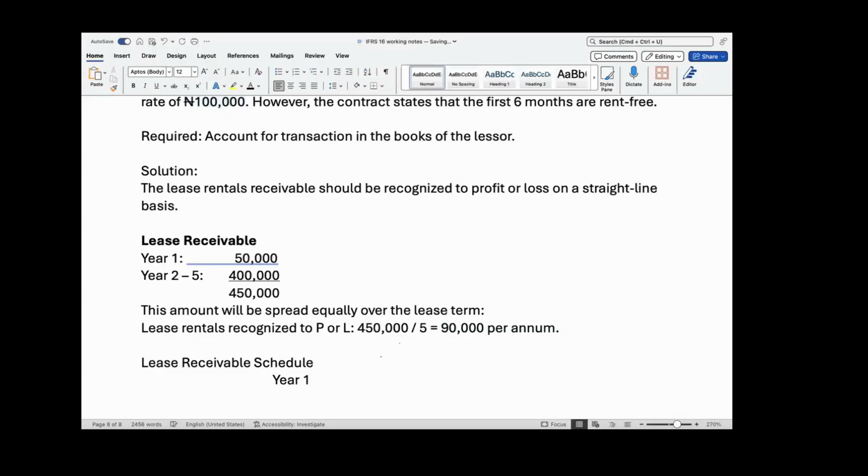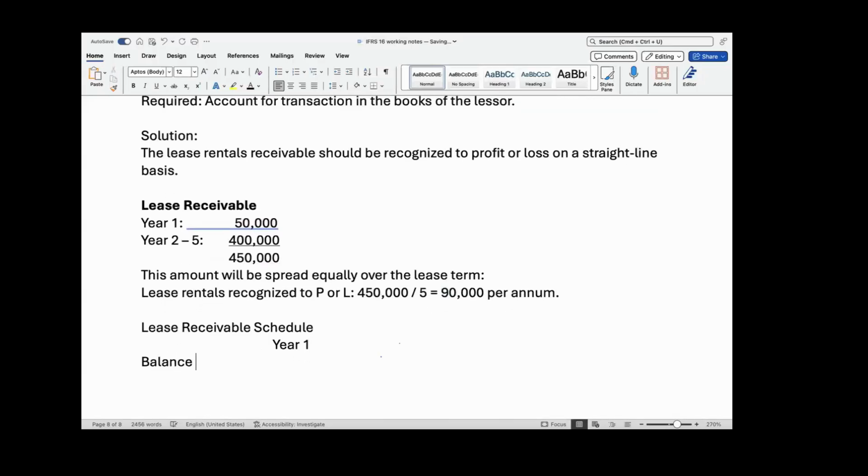So in year 1 now, let's say the balance brought forward is 0. In year 1, the amount of the lease rental recognized to P&L is 90,000 per annum.